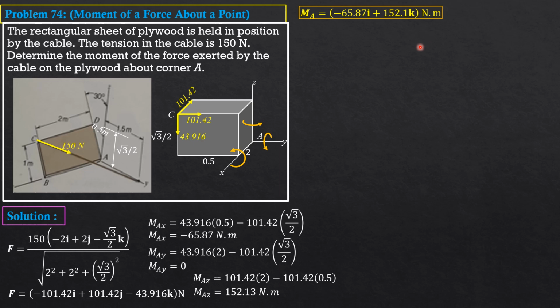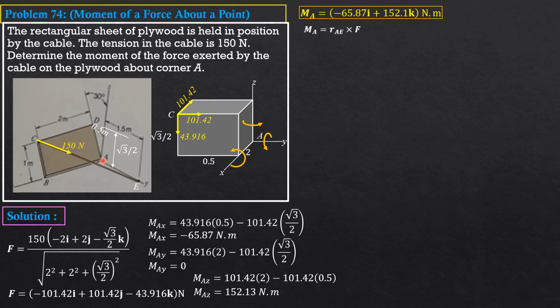Then for the vector approach, it is RAC cross F. MA equals RAE, it is also RAE cross F. So we'll use this.